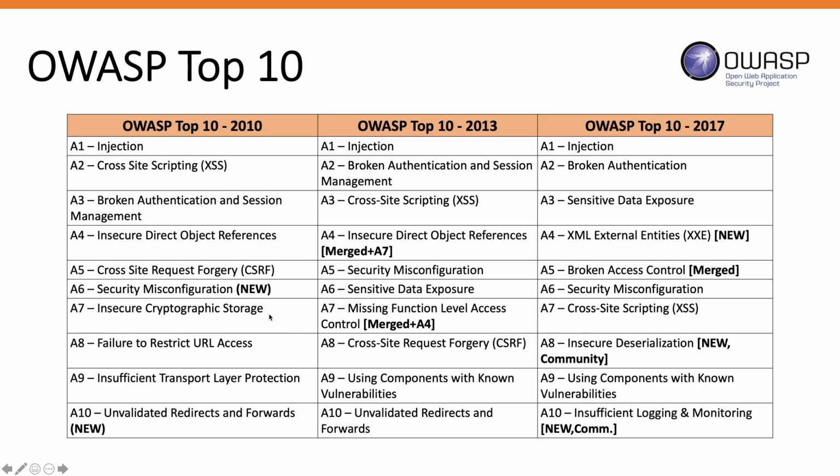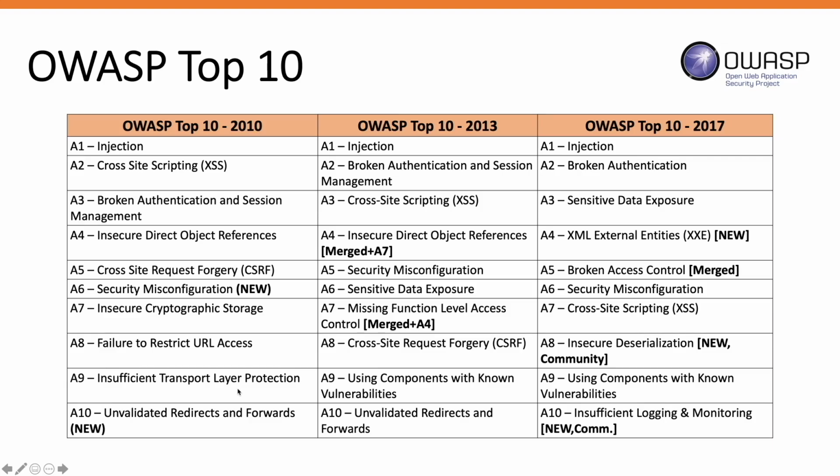You'll notice over here, it does change across the years. So cross-site scripting was the second most critical risk to web applications in 2010. Then it became the third most critical risk in 2013. And then it dropped all the way to the seventh most critical risk in 2017. You'll see some of them completely disappear. Insufficient transport layer protection was number 9 of the most critical risks in 2010, but it completely disappeared in 2013 and 2017.